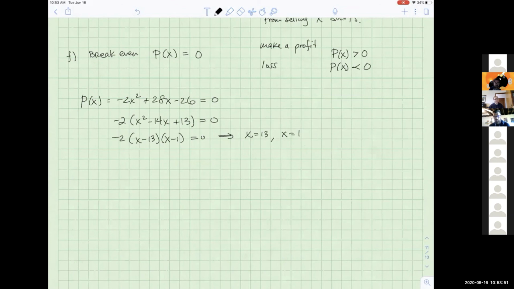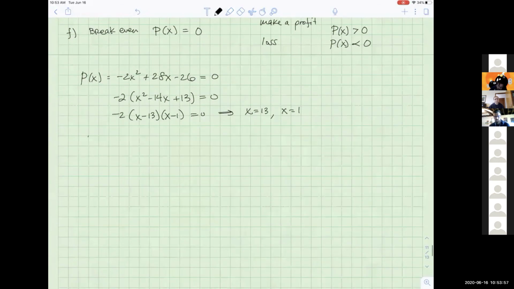But what happens if we sell 13 t-shirts? Well, let's talk about what this means. So first of all, if I graph this, X the number of shirts versus the profit, I know that at 1, I'm generating 0 profit. So I have a 0 there. That's my x-intercept. Also, I know that if I sell 13, I'm making 0.